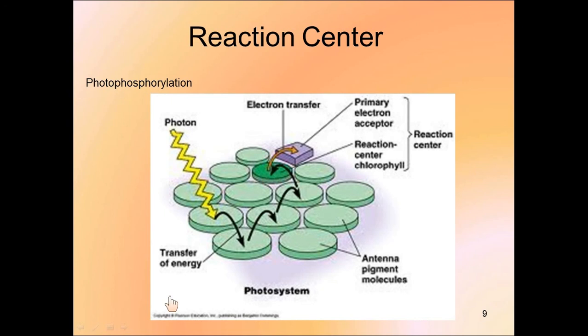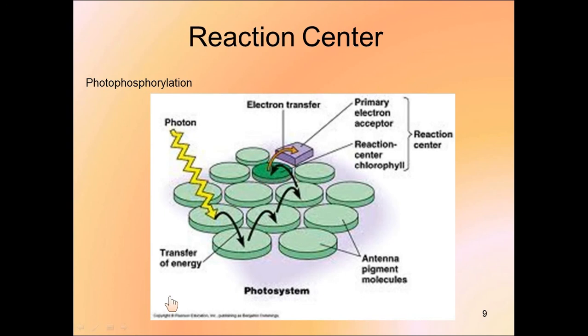That's the phosphorylation part. So ADP plus phosphate using light energy to create ATP is photophosphorylation. This energy creation will begin at the electron transport chain, and I'll talk about that in the next slide.